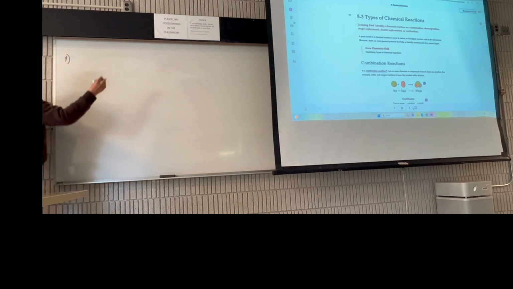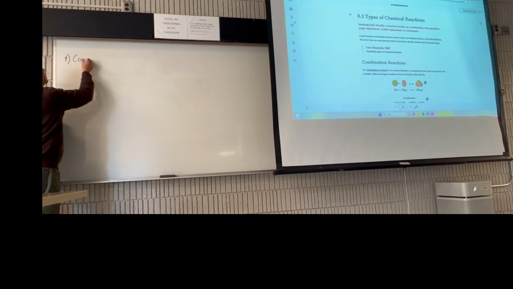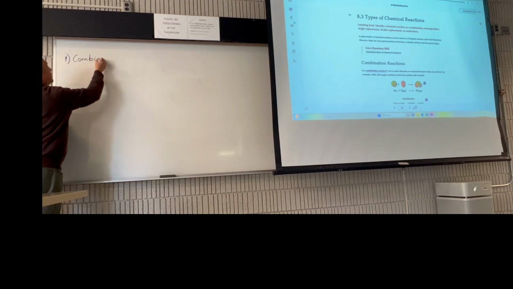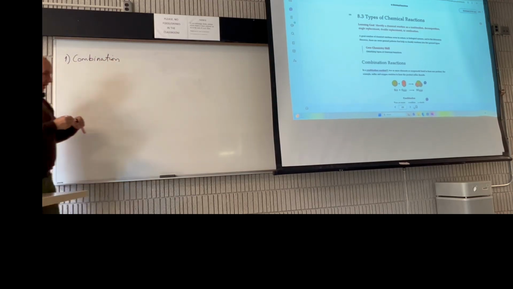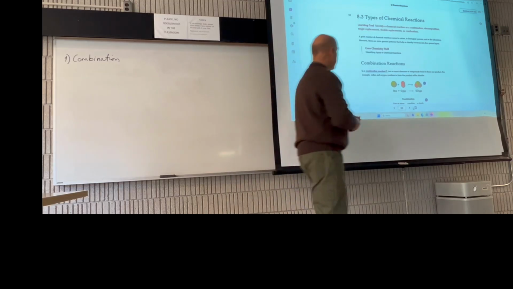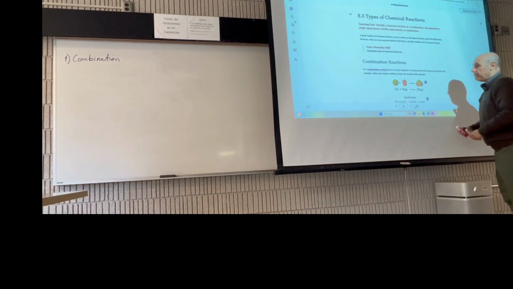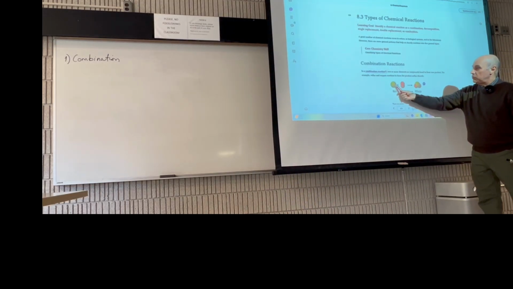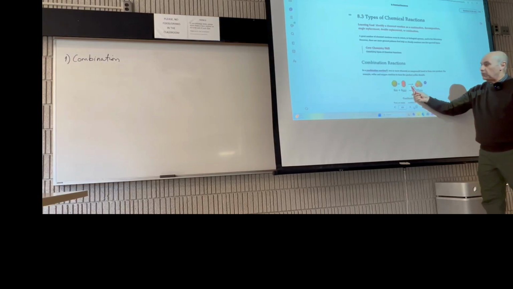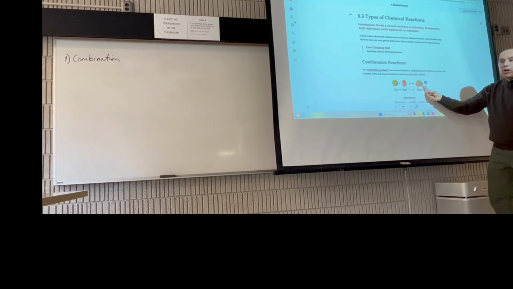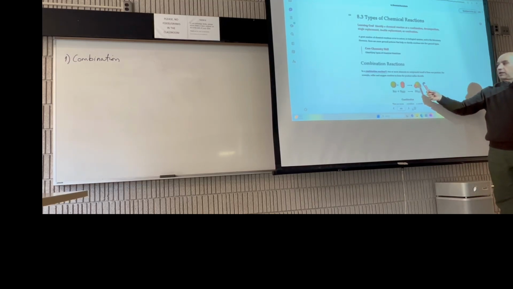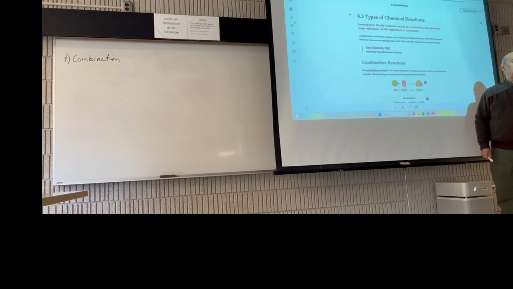So the first one that we're going to look at is called a combination reaction. What happens in a combination reaction? In this example, you have two reactants before the arrow. This is before the chemical reaction takes place. And you have only one product as the end of the reaction. You see that?